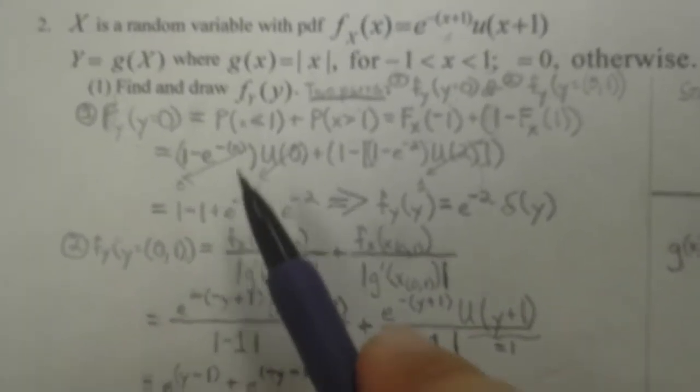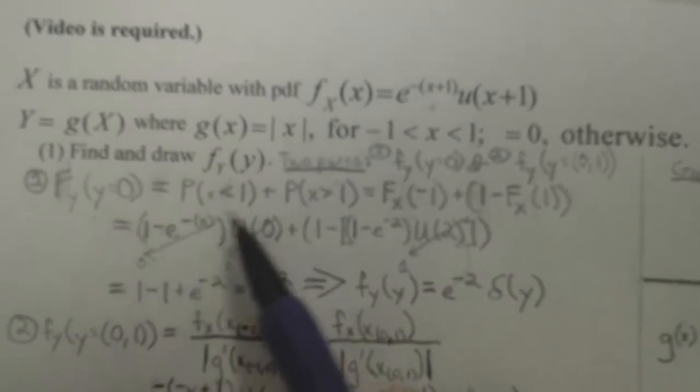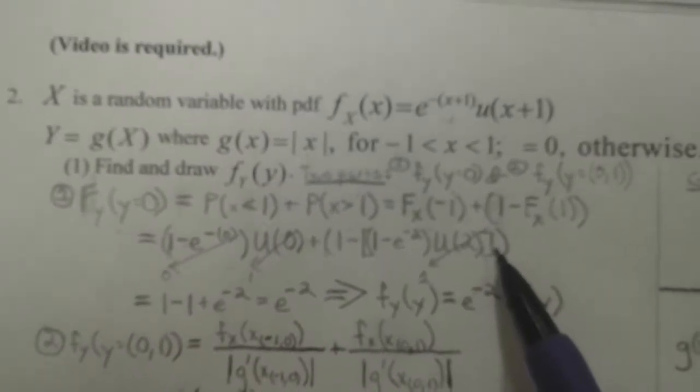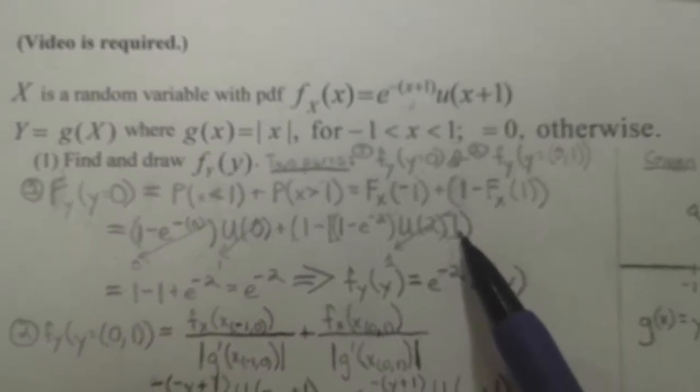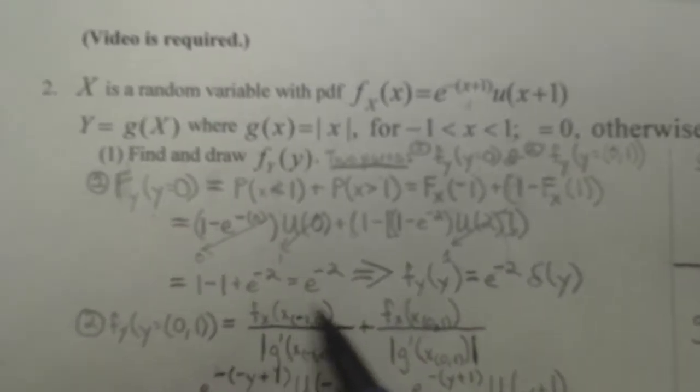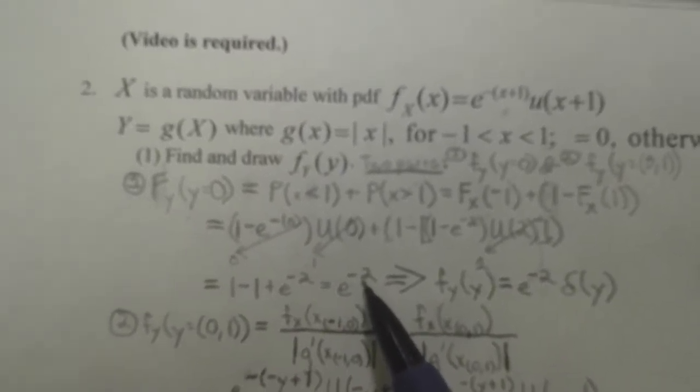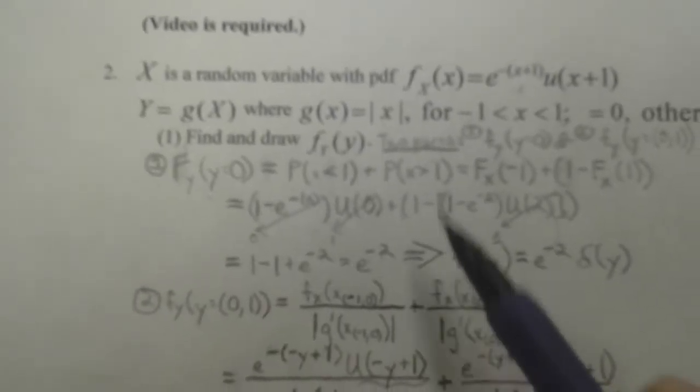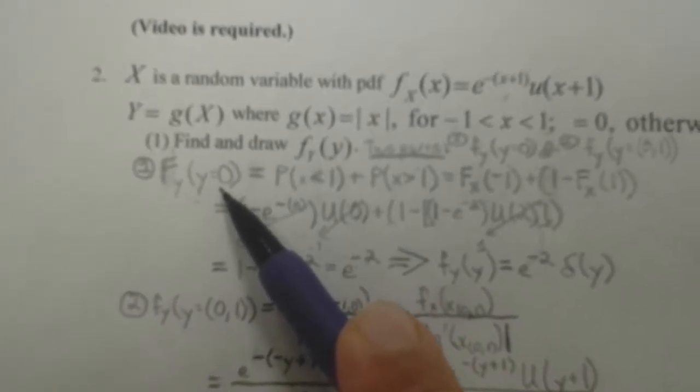All right? If we do the corresponding arithmetic, plug and chug, basically the equation that it gave right over here. We plug in the numbers accordingly into the equations. All right? As you can see, it works out to be e to the negative 2. Now, that's what the big F of y is equal to at y equals 0.